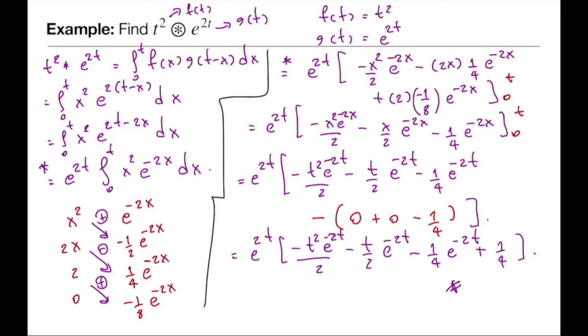Let's multiply e to the minus 2t in the basket. So we have minus t squared divided by 2 minus t divided by 2 minus 1/4, and then we plus e to the 2t divided by 4. I think that looks prettier.